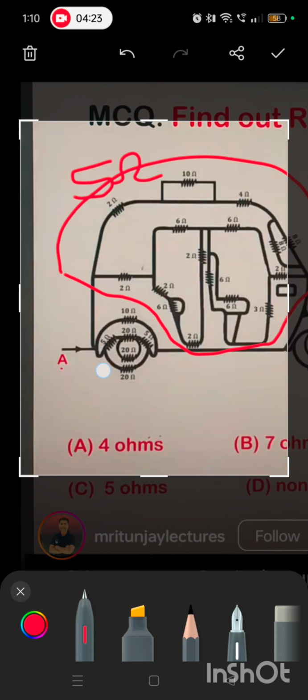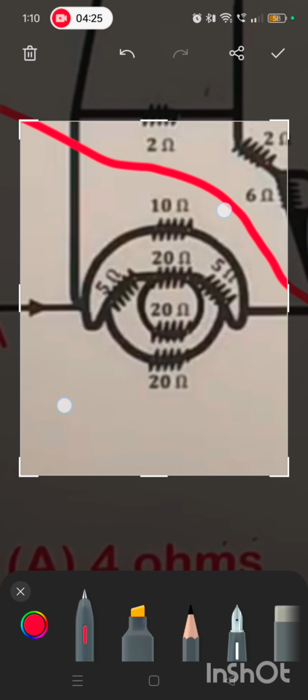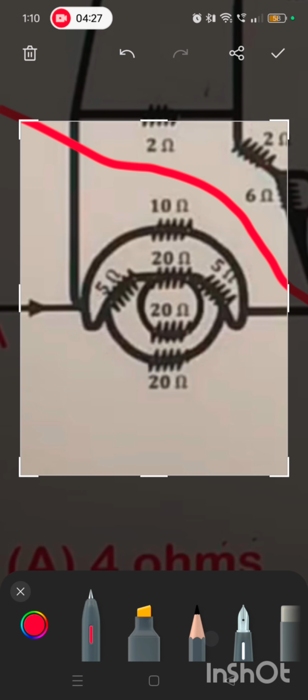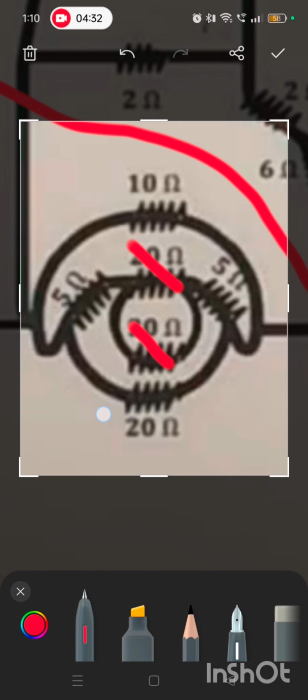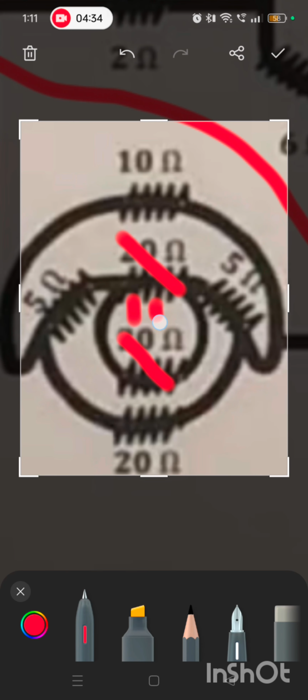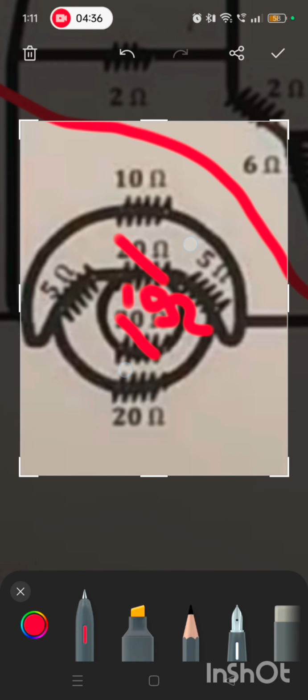Now for the back wheel or rear wheel, we will see this 20 ohm and this 20 ohm being in parallel together form 10 ohms, right? This 10 ohm is in series with 5 ohm and another 5 ohm, which together will form 20 ohms.